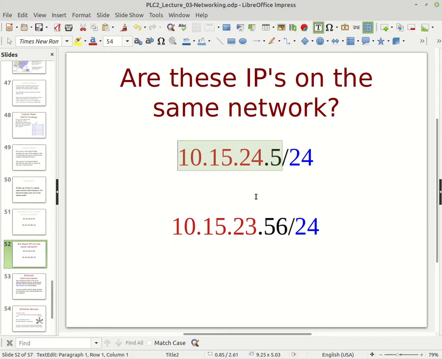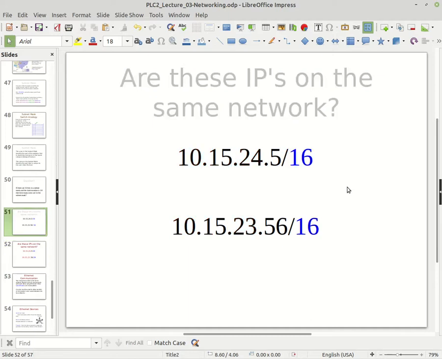You could have a PC with a crossover cable plugged directly into the PLC, wired directly together, and they will not talk to each other because the subnets disagree with each other. So that's why it's so important that you understand the network portion and how the subnet works.